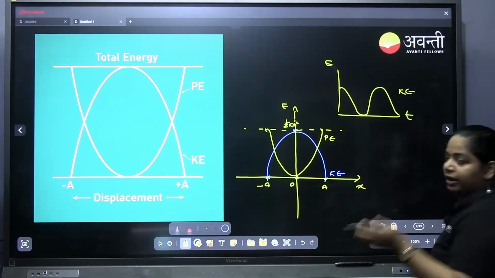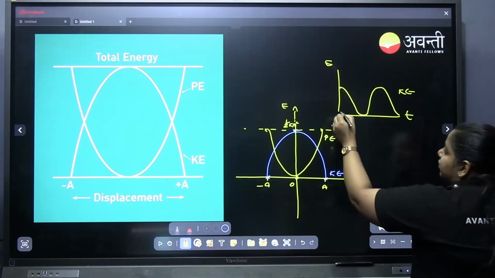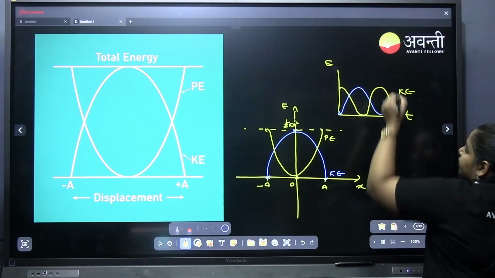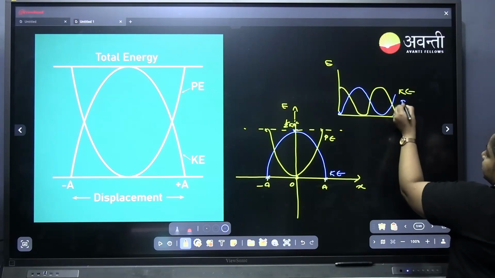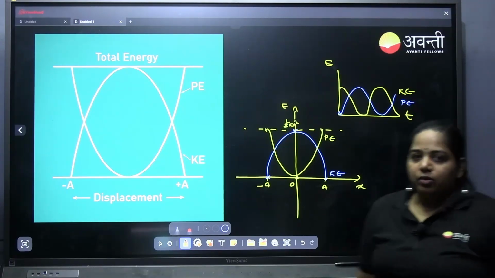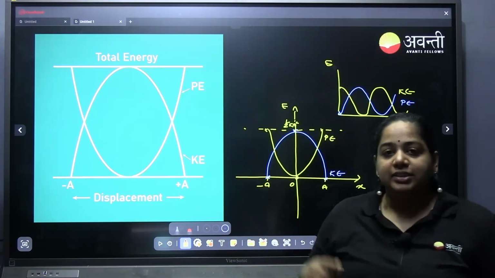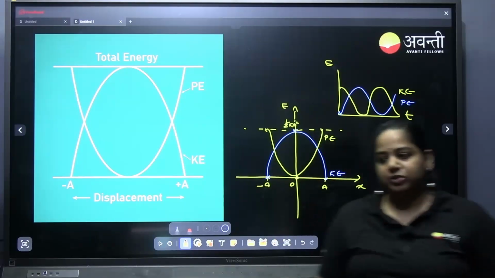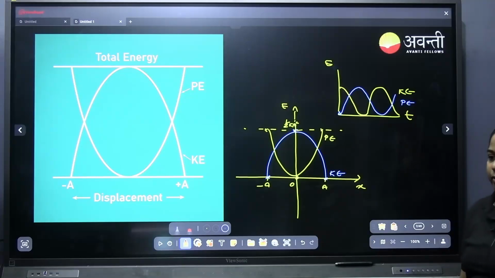Now, if you are taking potential energy, it will be 0 at the mean position, then maximum at extreme, it will go like this. Blue will be potential energy here. That is the time versus energy graph if the object is starting from mean position. I hope that's clear.